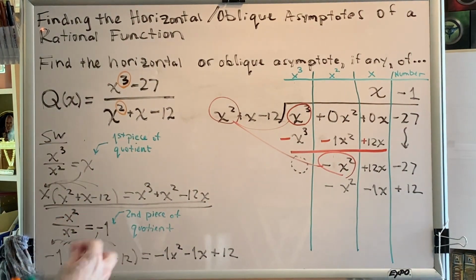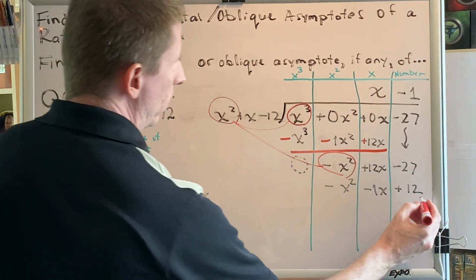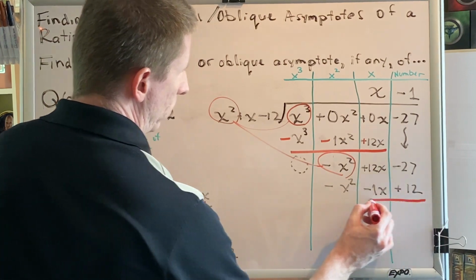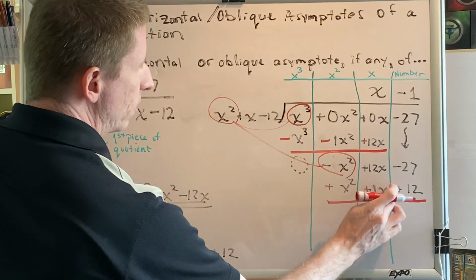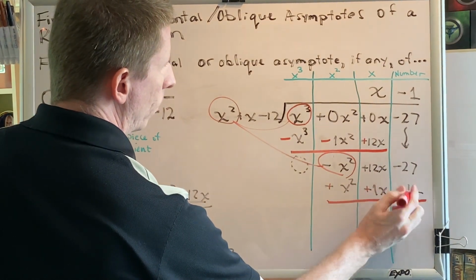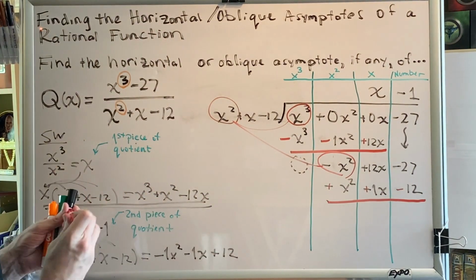Next, draw the line, change the sign, then combine. Let's do that. Draw the line, change the sign, then combine.